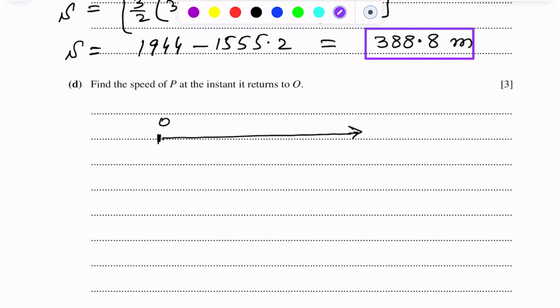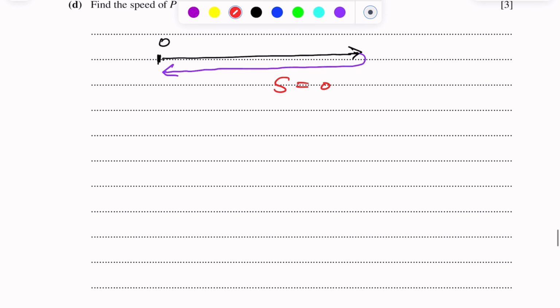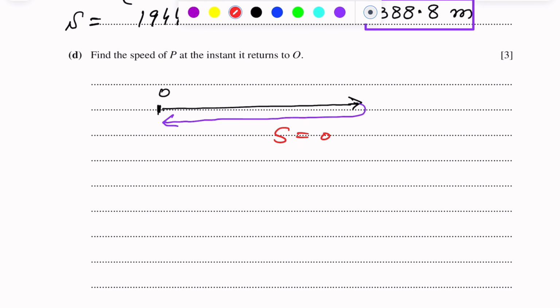Now it returns to O. This means that displacement will be 0. So first we will find the time, and then we will find the speed.